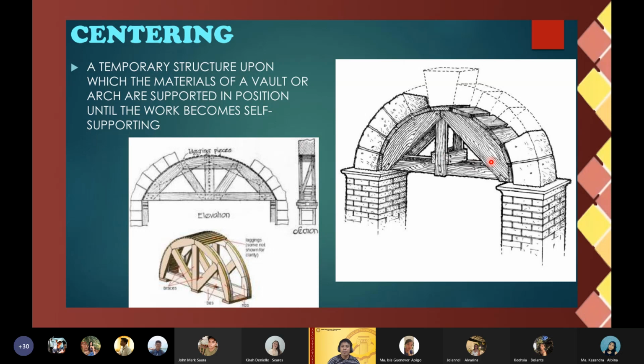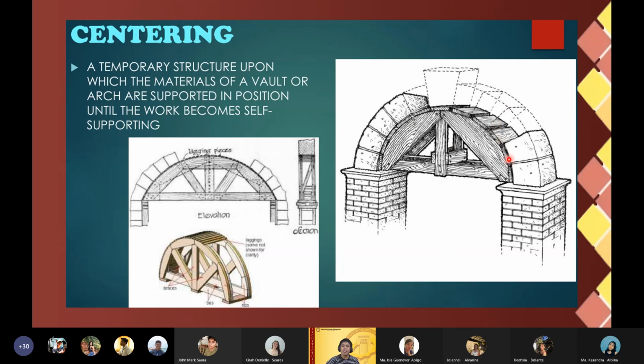So today, this centering is what we call scaffolding. That's what you build, some made of metal, some made of coco lumber. Aside from scaffolding, there are also formworks, for your slab and so on and so forth. So before, it was called centering.